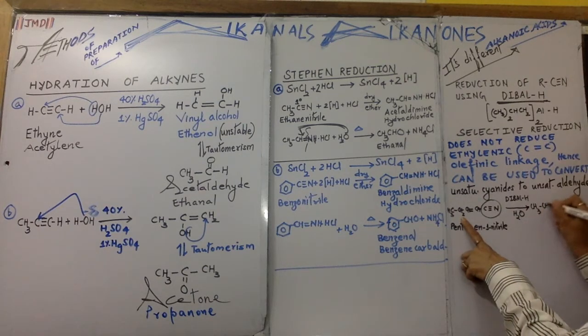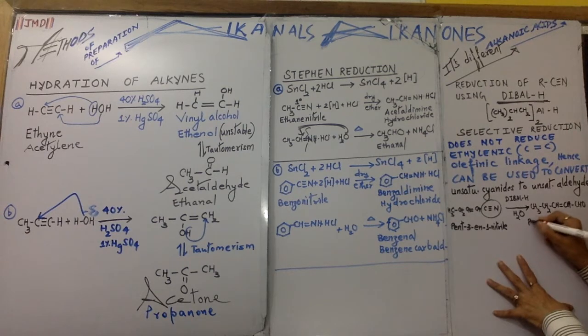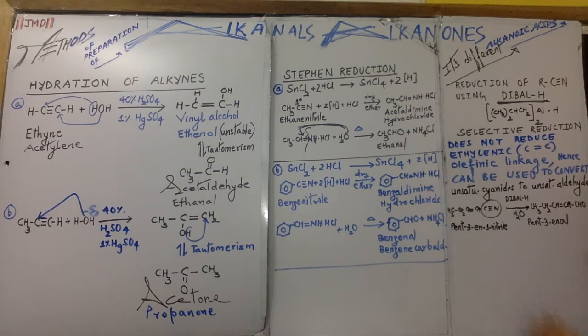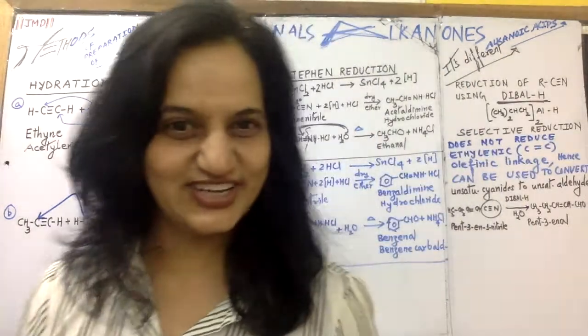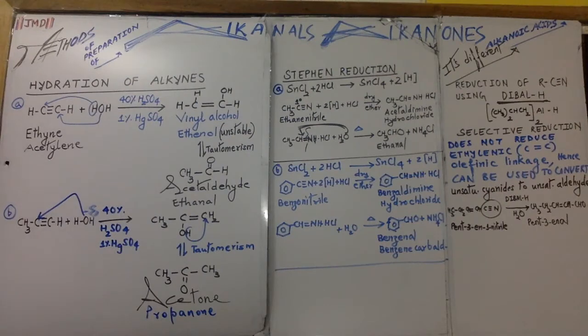CH3 CH2 CH, डबल बॉन्ड को कुछ नहीं हुआ. CH CHO, so pent-3-en-al, we got the aldehyde. Obviously खाली aldehyde ही बन सकते हैं, कीटोन तो नहीं बन सकते.